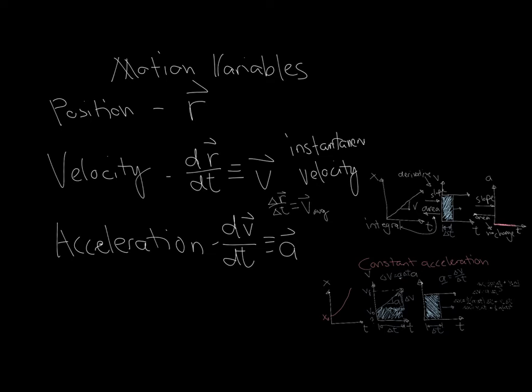None of these graphs would work out if we weren't just taking areas of rectangles and triangles. If I had some really curvy shape for my acceleration or velocity, this would become very difficult to do just by finding areas or using algebra.